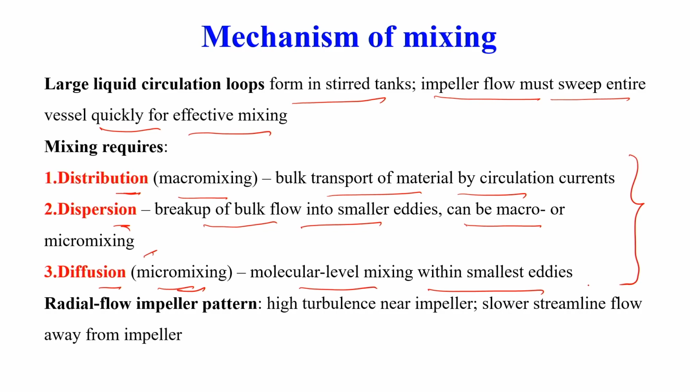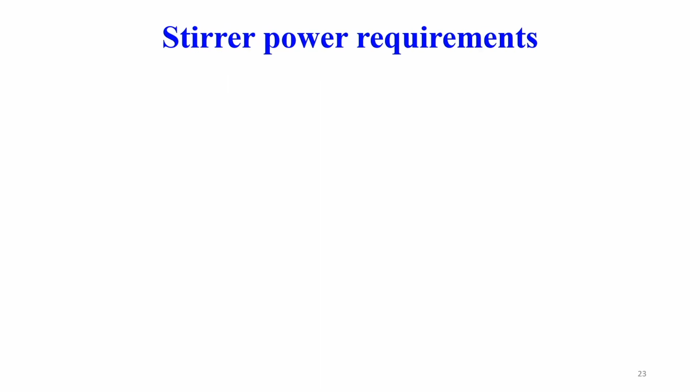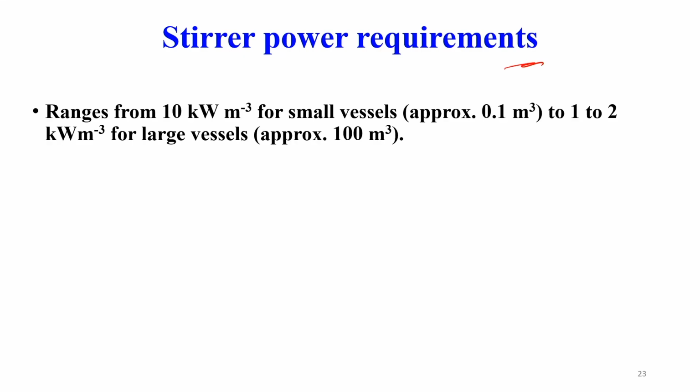Now, depending on which type of impeller we are having and which type of flow pattern is there, this mechanism of mixing will prevail in a bioreactor. Now, next quickly we will go through the power requirement. For the impeller, we need to have an external motor for its rotation.